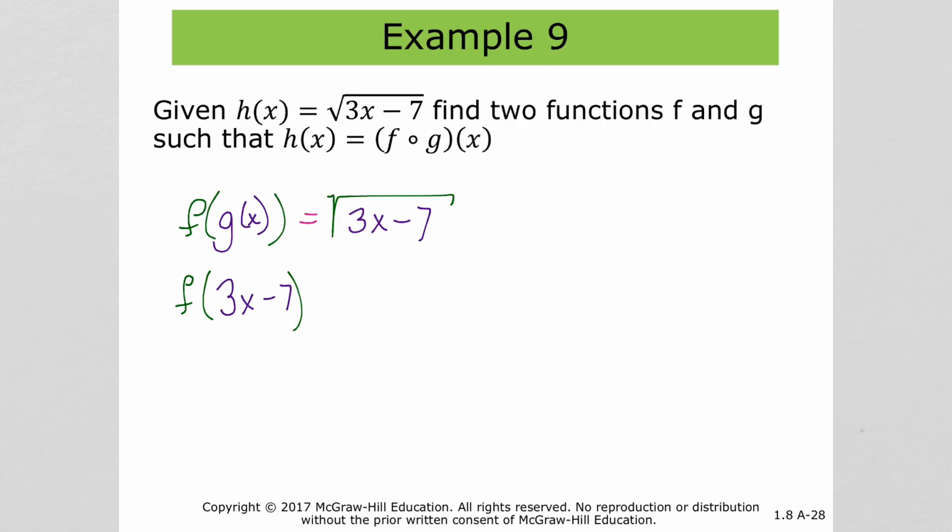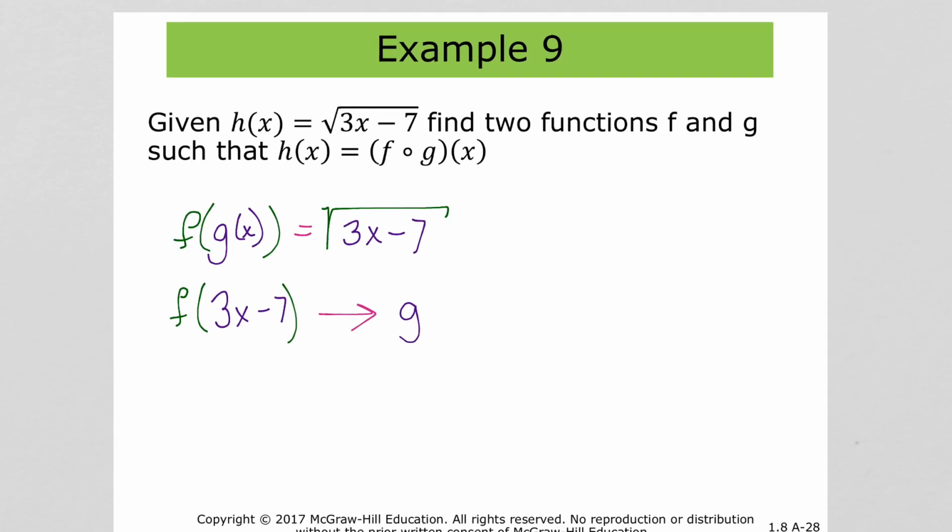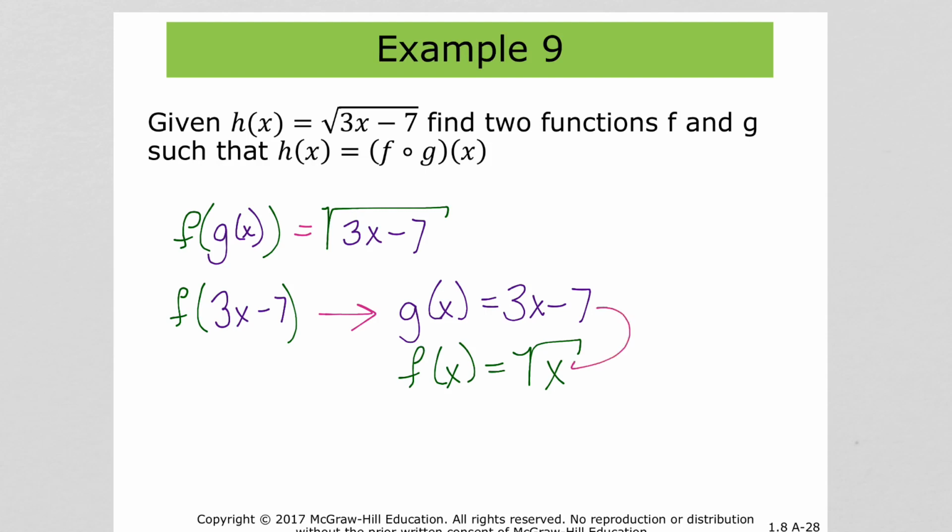So what this is telling us is that g of x is 3x minus 7, and f of x is just the square root of x. Notice if we took 3x minus 7, stuck it in f of x, we'd get the composition of f and g, which would be h.